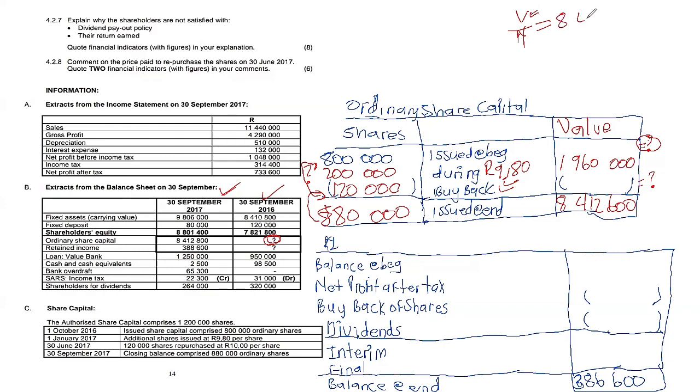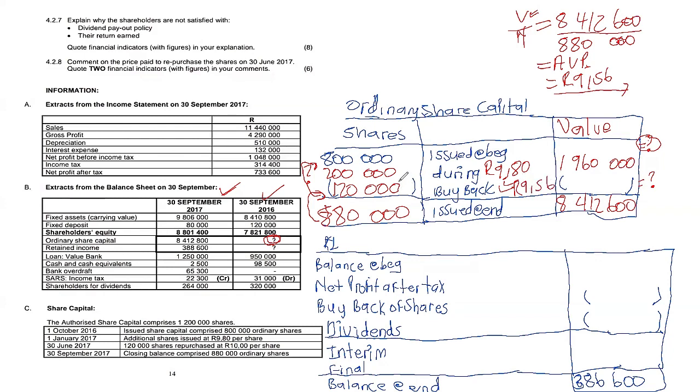is 8,412,600. You divide by the number of shares issued at the end, which is 880,000. So our average price, AVP, will be 9 Rand 56.